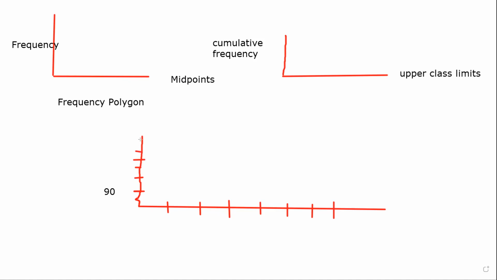I think she actually drew this for you in the slides, but we'll see. This is 90. Let's say this is going to be 100. So I'm going to scale this by 10 units. Then you have 110. Then you have 120.